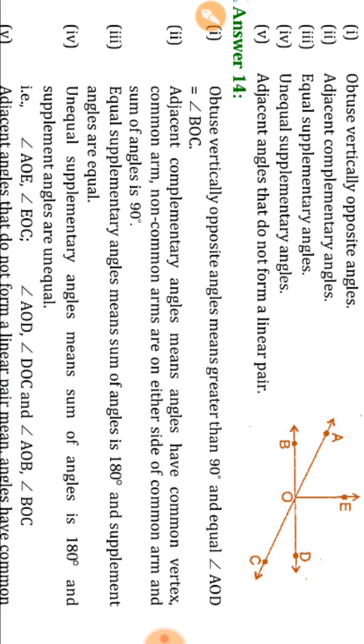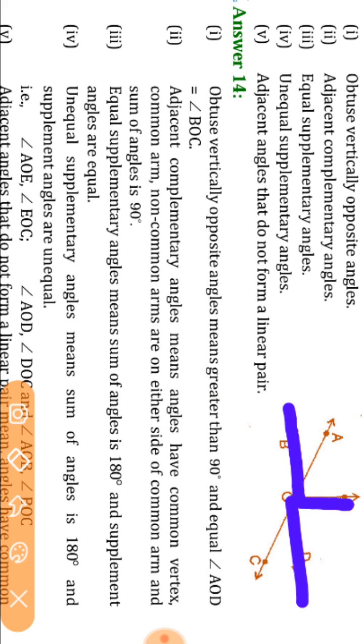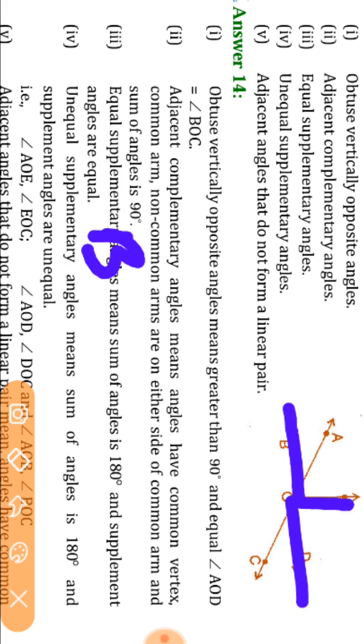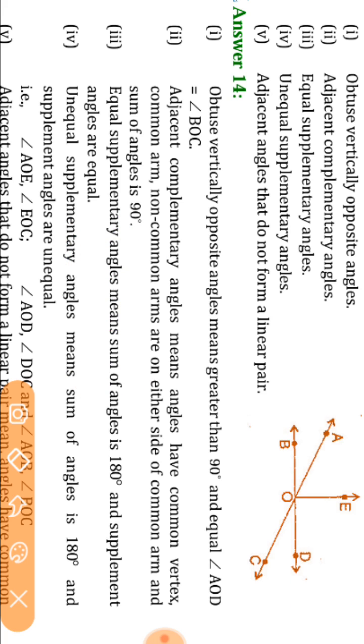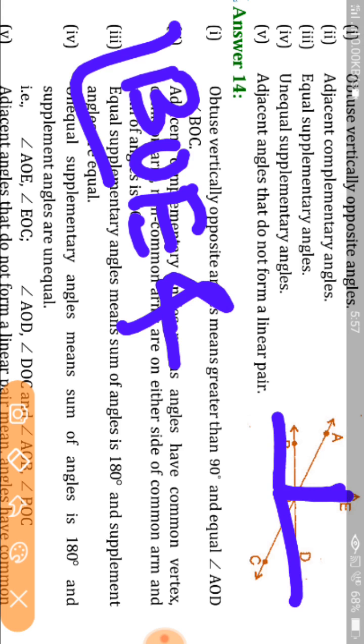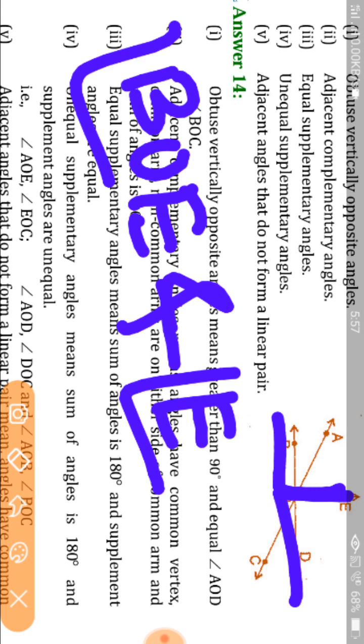Then equal supplementary angles. Equal supplementary means 90 and 90. So BOE and EOD.